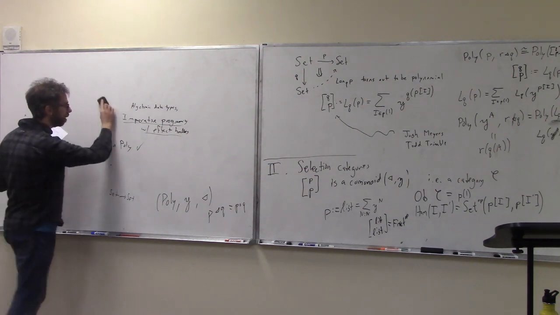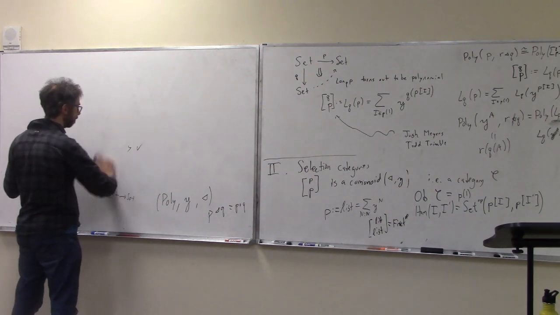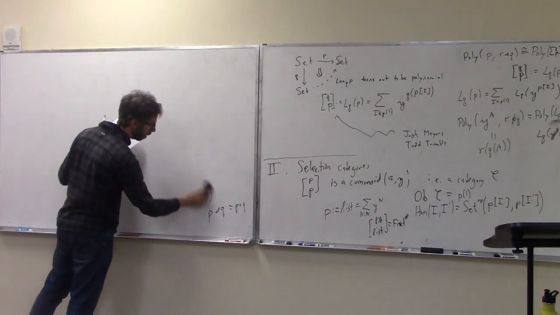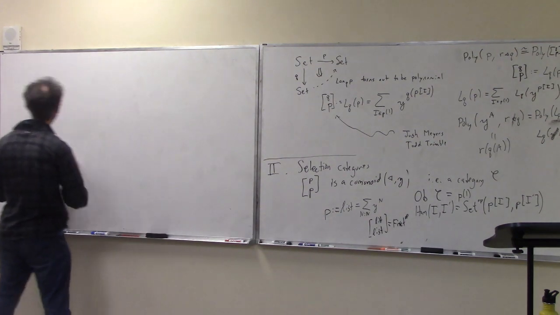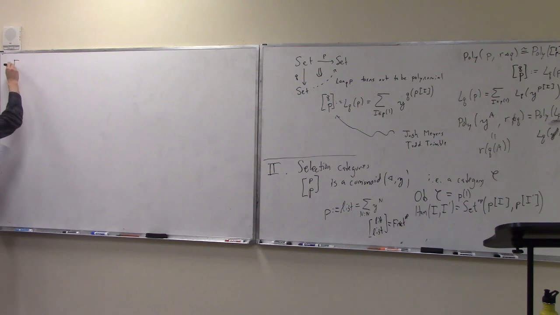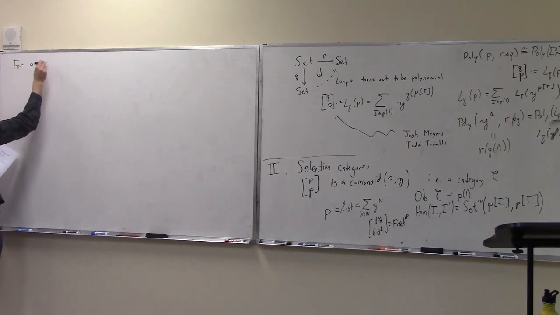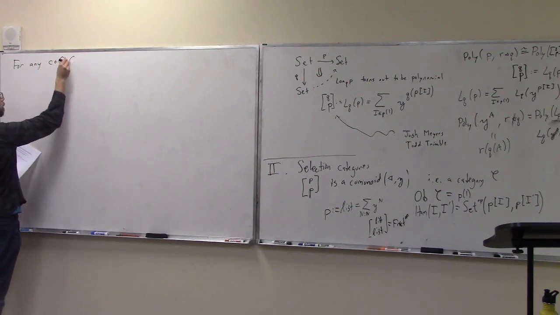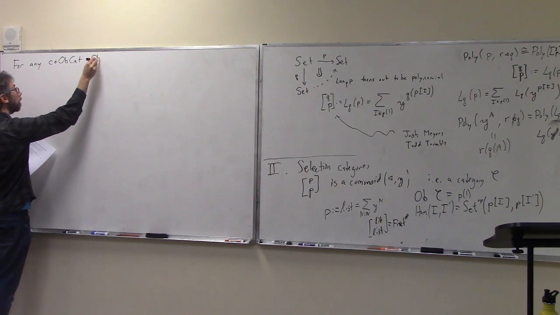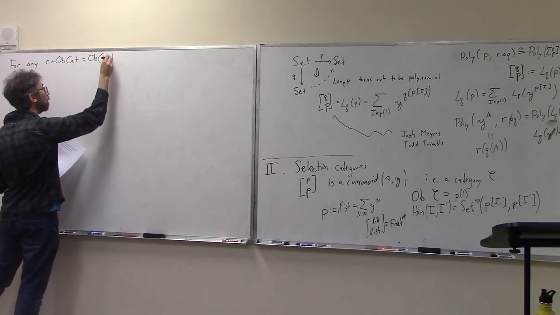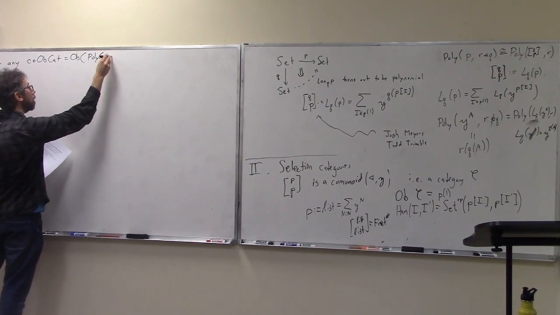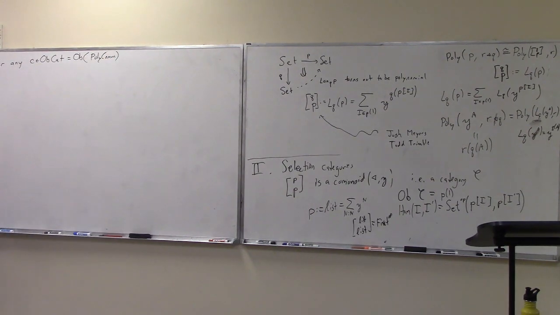I realized a little later that for any comonoid, you can do something. So for any category C, a comonoid in Poly is the same thing as a category.